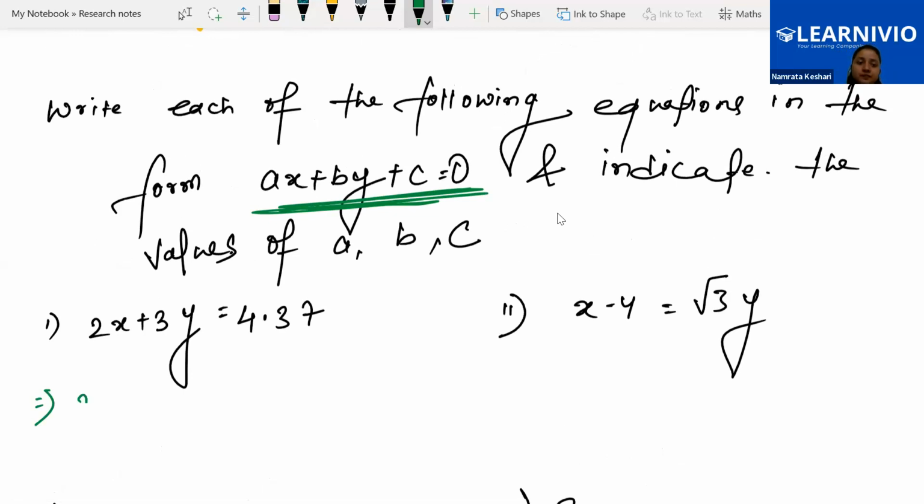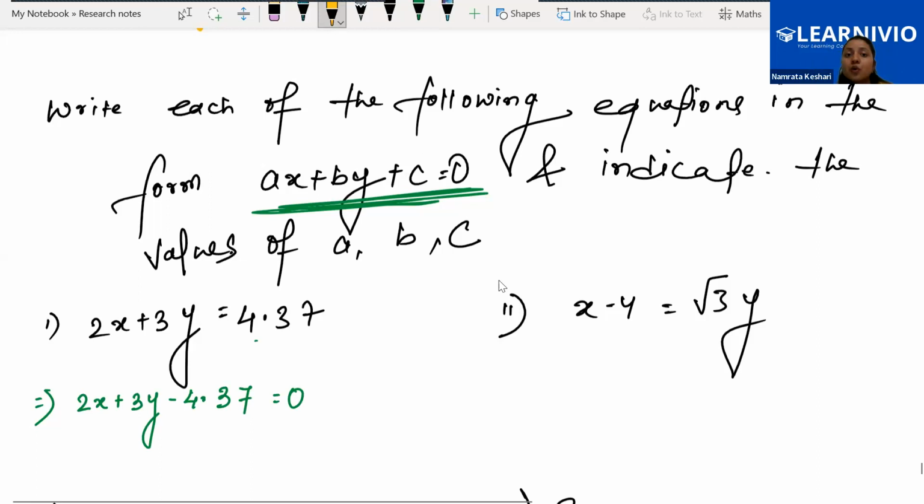2x plus 3y minus 4.37 is equal to 0. What are we doing? We are not doing anything special. That 4.37 which was sitting on the other side, we are just transposing to the left hand side, because in the standard format there is just 0 on one side.